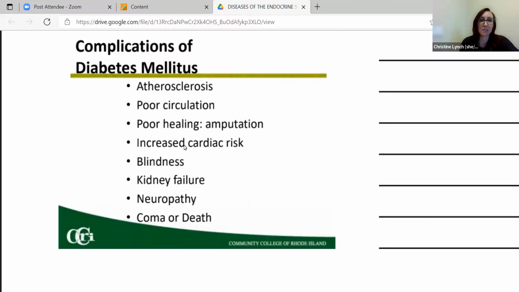So, complications of diabetes mellitus. These aren't signs and symptoms, but are conditions that develop as a result of diabetes. There's atherosclerosis, which develops from the hyperlipidemia that causes plaque to accumulate in the blood vessels, and that leads to poor circulation, and that's where we get poor healing.